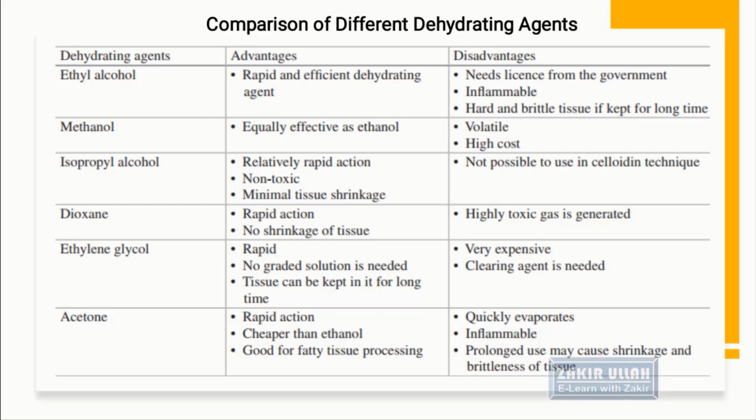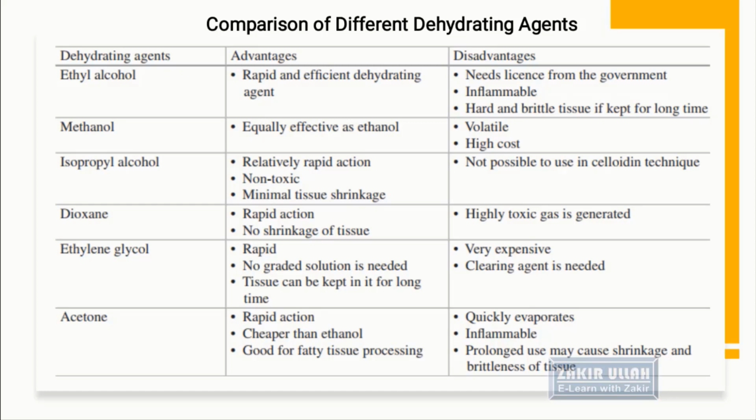Dioxane is another type of dehydrating agent, a non-alcoholic dehydrating agent. It has the advantages that its action is very fast and it does not cause shrinkage of the tissue, but the problem is that a highly toxic gas is generated in the reaction of dioxane.